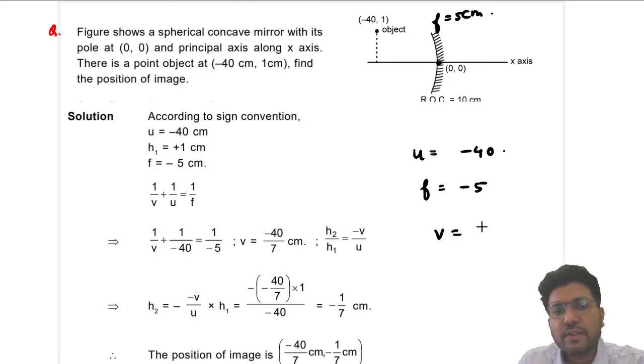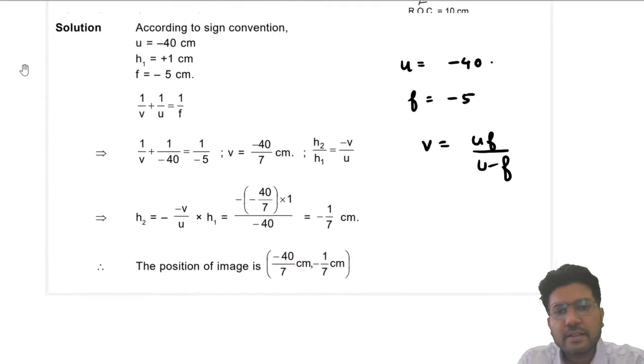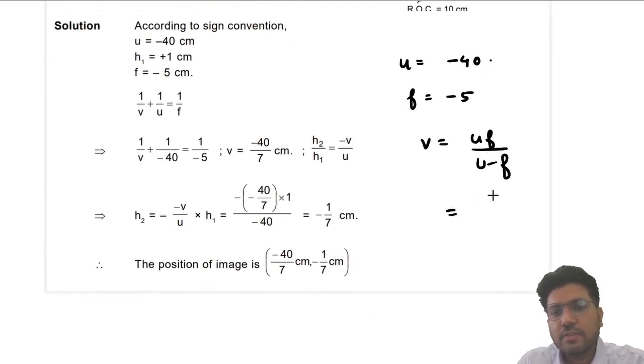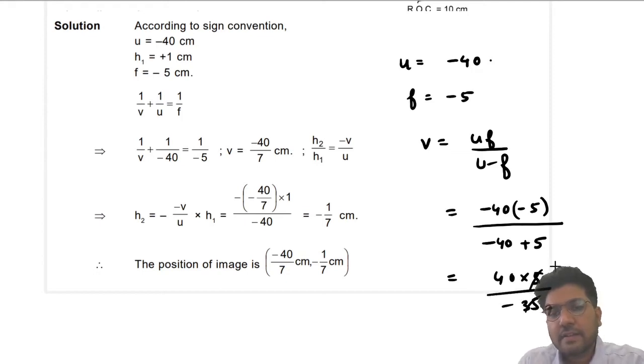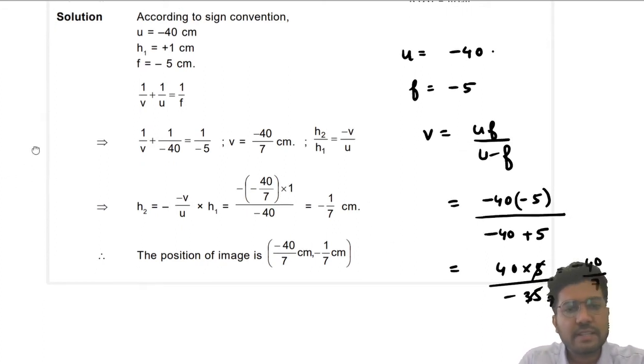From this, if you do v is equal to uf by u minus f, we will get v is equal to u, that is minus 40, f, that is minus 5, divided by minus 40 minus of minus 5. So from this you will get 40 into 5 divided by minus 35, that is equal to minus 40 by 7. So we have got the value of v as minus 40 by 7.